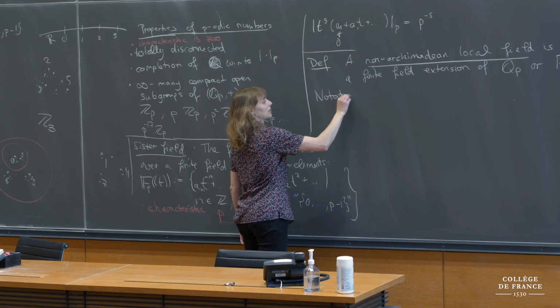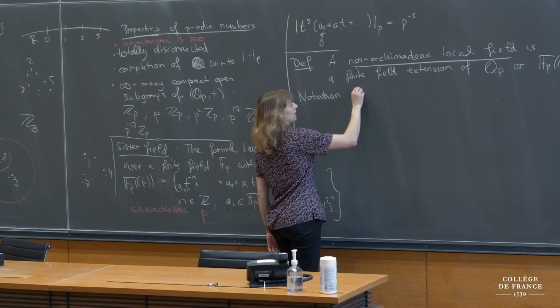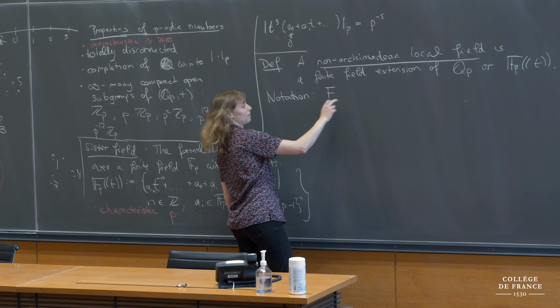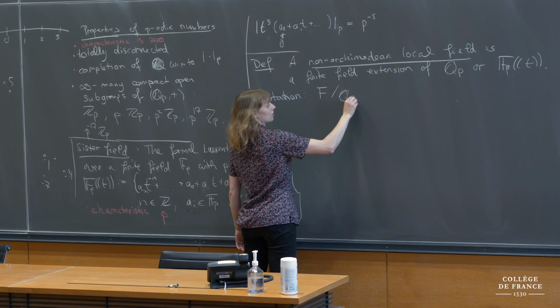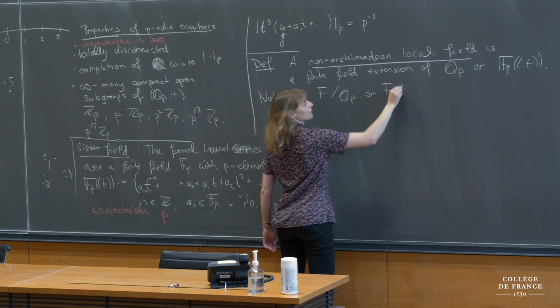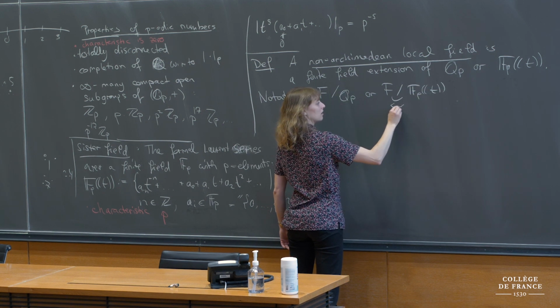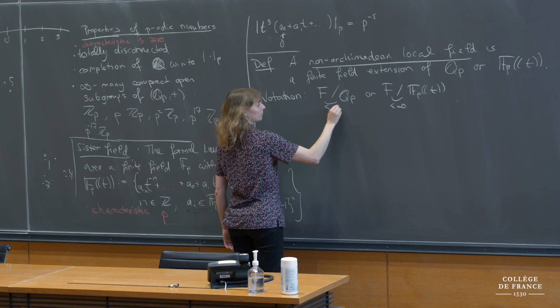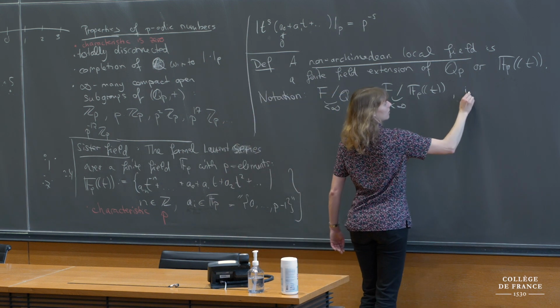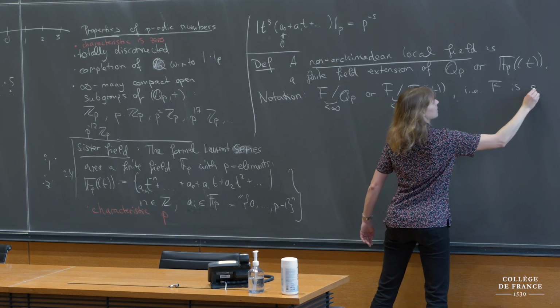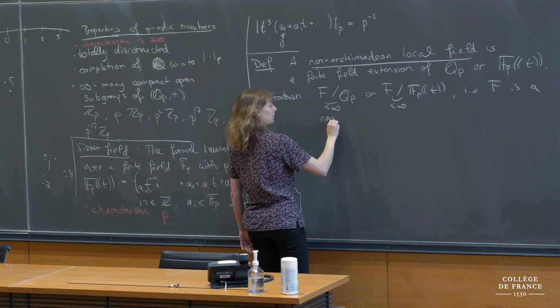But from now on, the following notation will be in place. I will denote by F either a finite extension of Q_p or a finite extension of these Laurent series, in other words, F is a non-Archimedean local field.